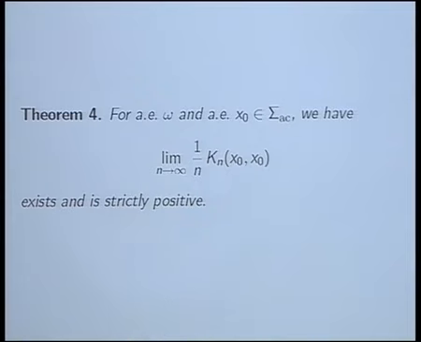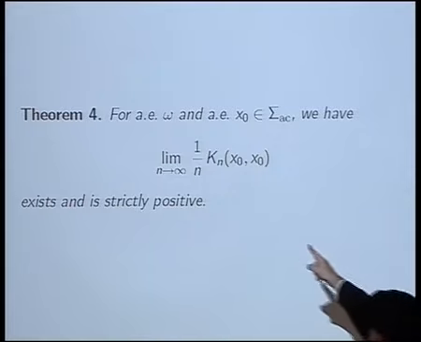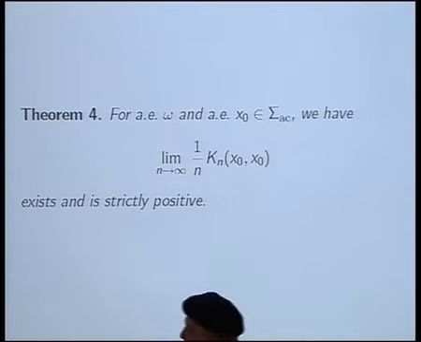And the fourth theorem says that for almost every omega in the sample space and almost every x naught in the AC spectrum, this limit exists and is positive. And lest you look at this and say, oh, it's a trivial use of an ergodic theorem, well, there is an ergodic theorem here, but the KNs are not averages.